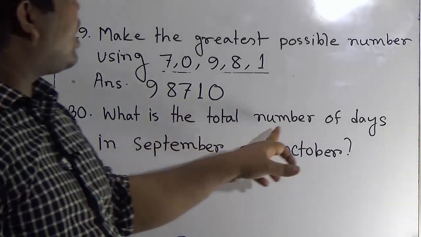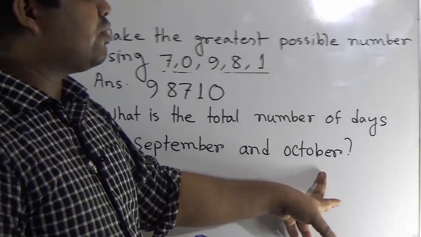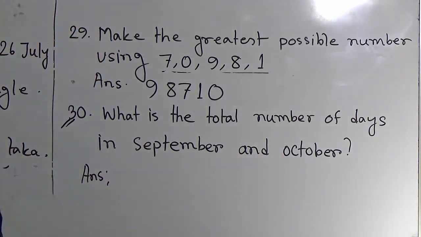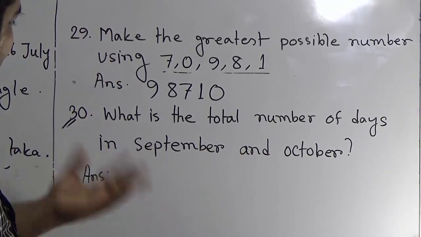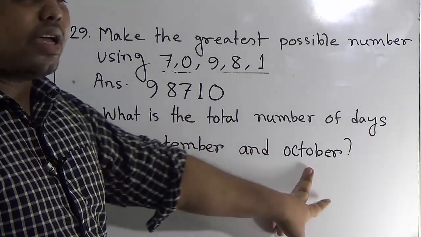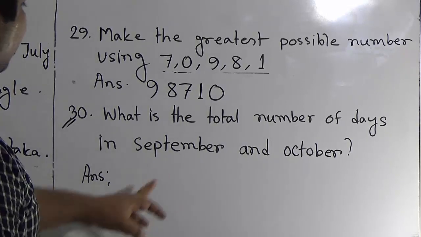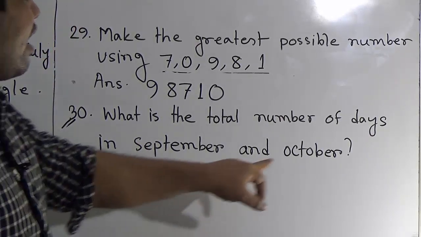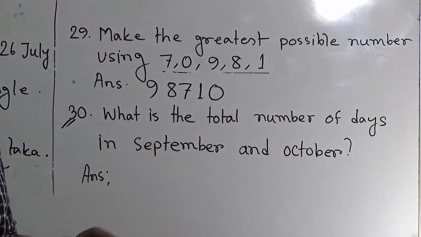What is the total number of days in September and October? Before starting to solve this math, you need to know how many days are there in September and how many days are there in October. In September we know that there are 30 days, and in October we know that there are 31 days.